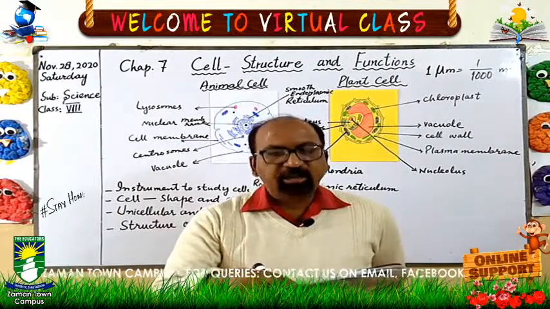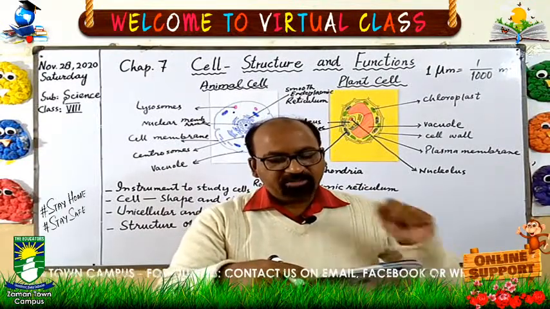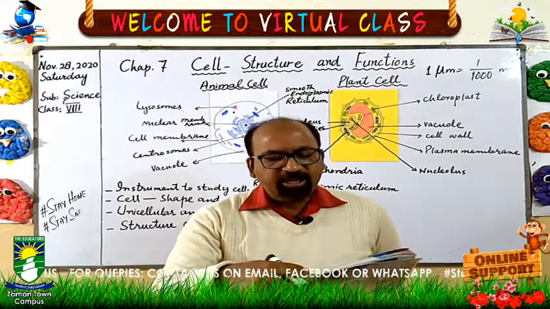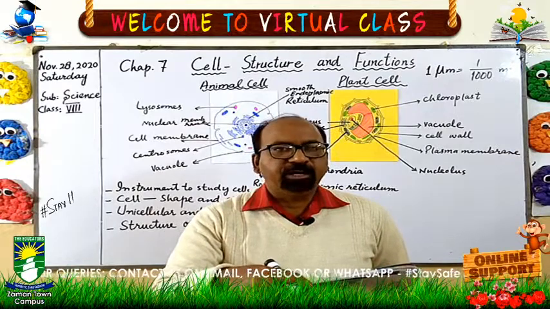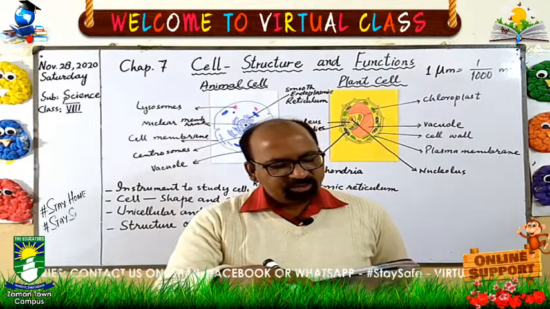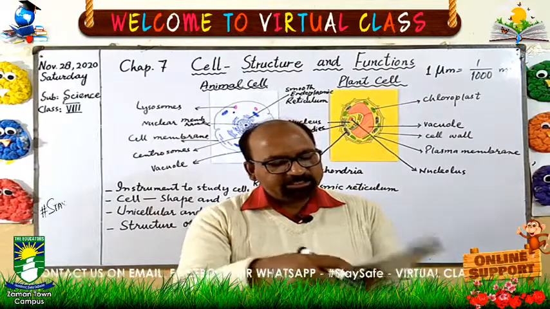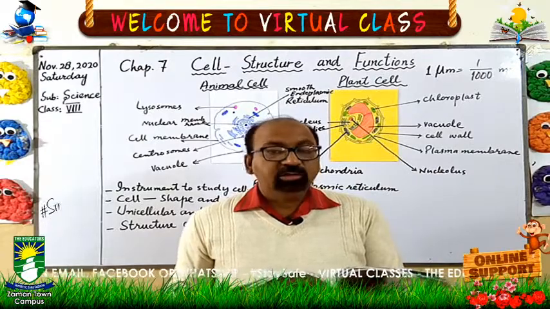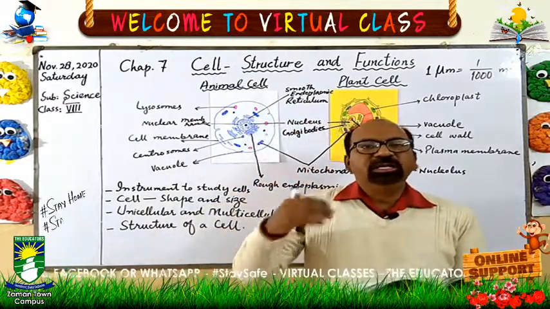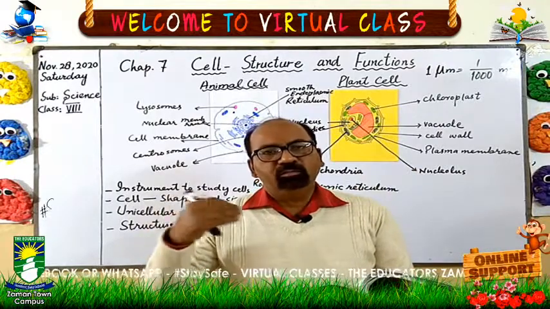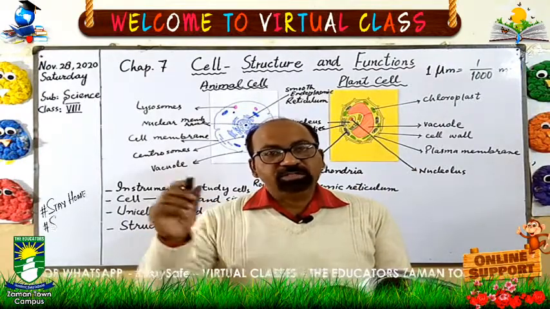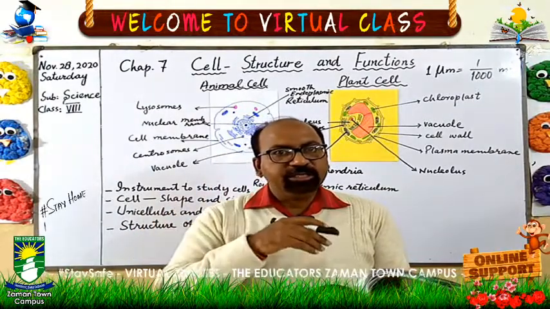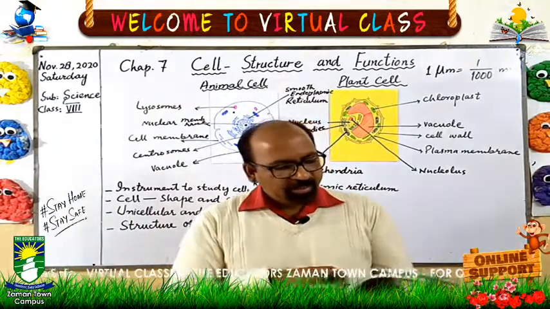Now we were talking about the sizes of the cell and their types. Here is a table at page number 88. See the table. Here different sizes of different cells are mentioned, like red blood cell, its size is 9 micrometer. Nerve cells are more than a meter long. Why are nerve cells long? Because they carry messages from our body parts to the brain, because they are attached to the brain, so their size according to their function is more.